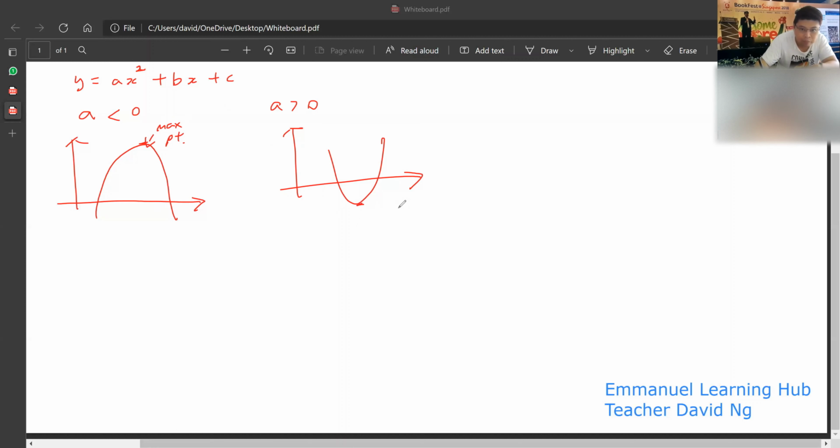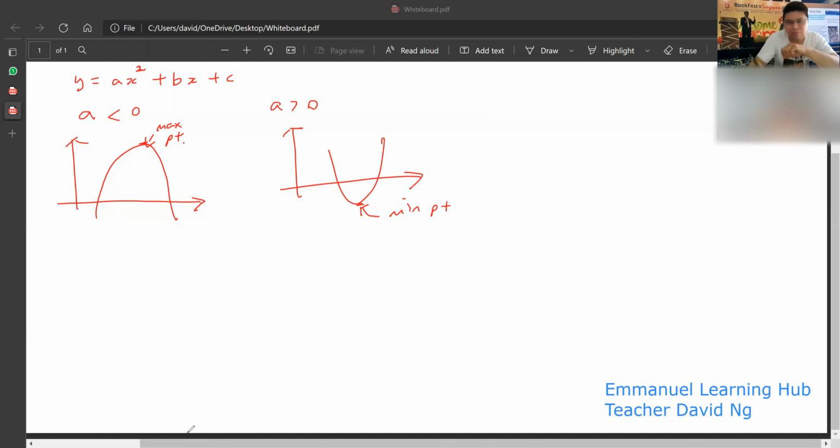If it's a U shape, it's a minimum point. This one is self-explanatory just by the drawing. So the key is to identify the shape of the curve, whether it's U shape or N shape.